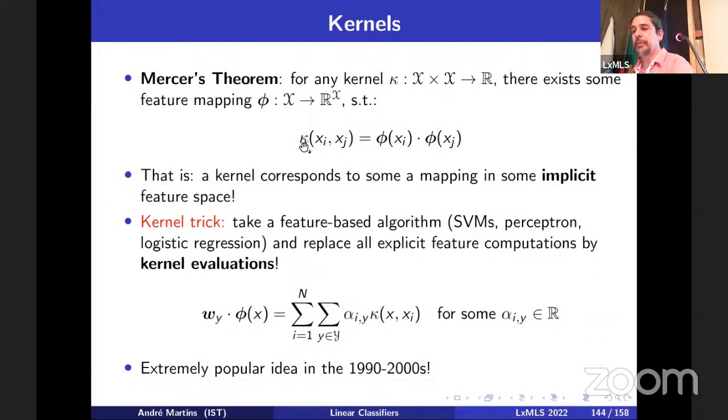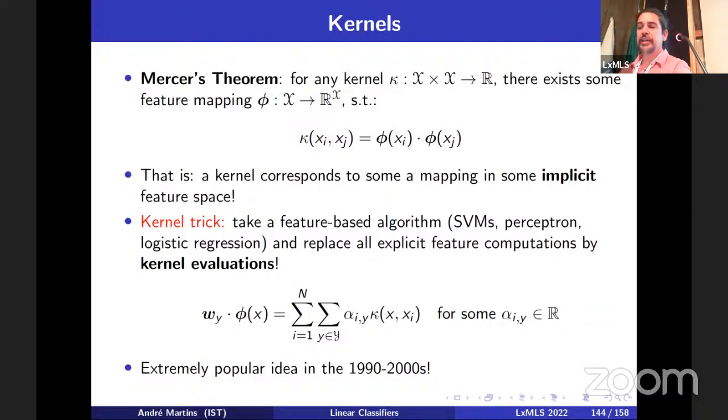And this theorem is very powerful because it says that for many algorithms that operate with features, there is a counterpart that uses kernels, where we never need to operate directly on the feature space. This feature space can be very high dimensional. It can be even infinite dimensional. It can be a space of functions, but we never need to compute explicitly in the space of features. We can do all the computation just by evaluating kernels.